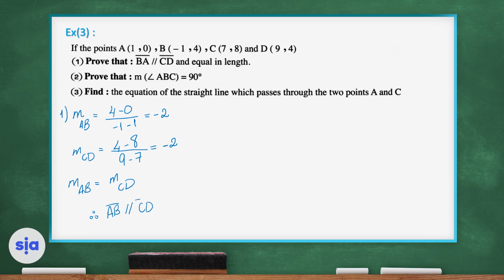The second part of question 1 is asking you to prove that they're equal in length. So here, you need to find the length of AB by using the distance formula.